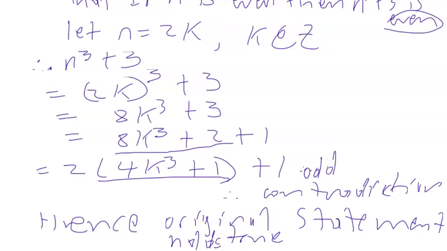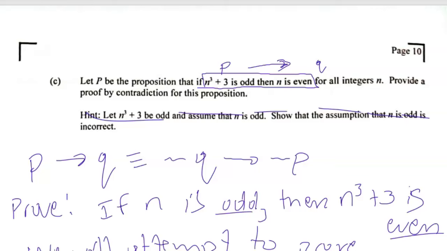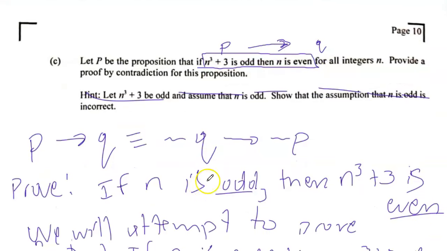And what was the original statement? The original statement is this statement: if n cubed plus 3 is odd, then n is even, or the contrapositive, which is saying if n is odd, then n cubed plus 3 is even. Let's move on.